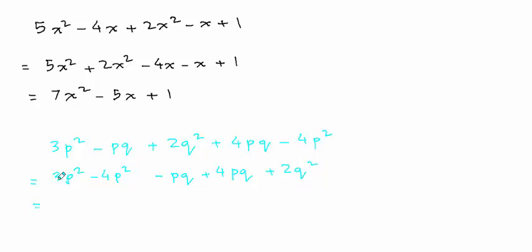So this is going to be equal to, if you combine 3 with this negative 4, combine the coefficients, that's going to be 3 plus negative 4, so that's negative 1, no need to write the 1, that's implied, so negative p squared, minus pq plus 4pq, so minus 1 plus 4 is positive 3, or plus 3pq plus 2q squared. This is how you add or subtract terms in algebra.